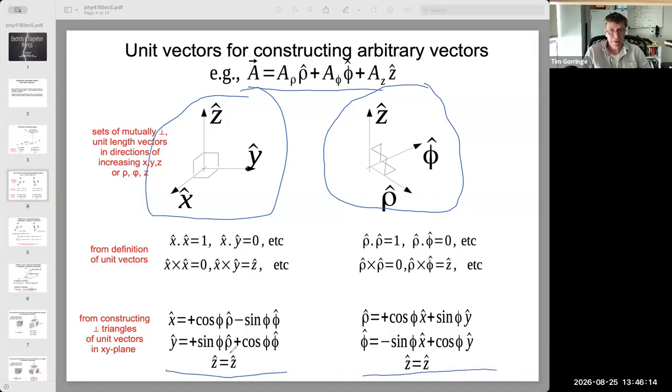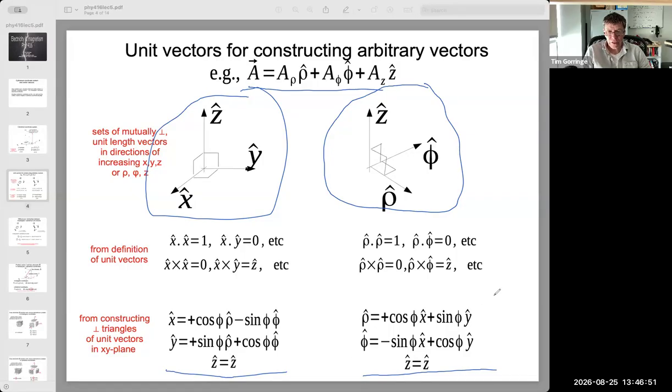The relationship on the left, again, is based on the right angle triangles. I'm not deriving this in words in terms of that right angle triangle on the horizontal plane, but it comes from the same place. This is the relationship on the left-hand side between the rho, phi, and z unit vectors and the x, y, and z unit vectors. And then the reverse is true on the right-hand side here. This is the relationship of the x, y, and z unit vectors to the rho, phi, and z unit vectors.